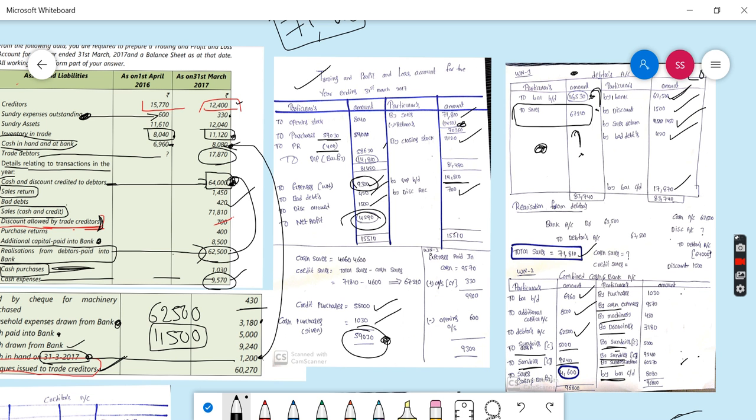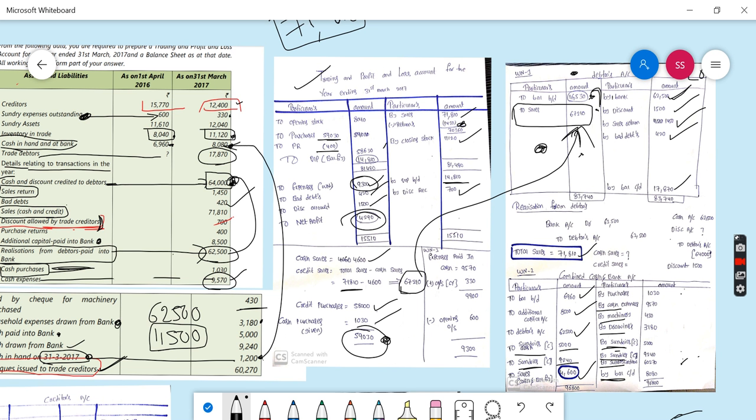And if you balance this, on the debit side you will get the cash sales 4,600. Right, so we got the cash sales which is 4,600. If the cash sales is 4,600 and the total sales is 71,810, then obviously credit sales will be 67,210. So this 67,210 we will record here, to sales.